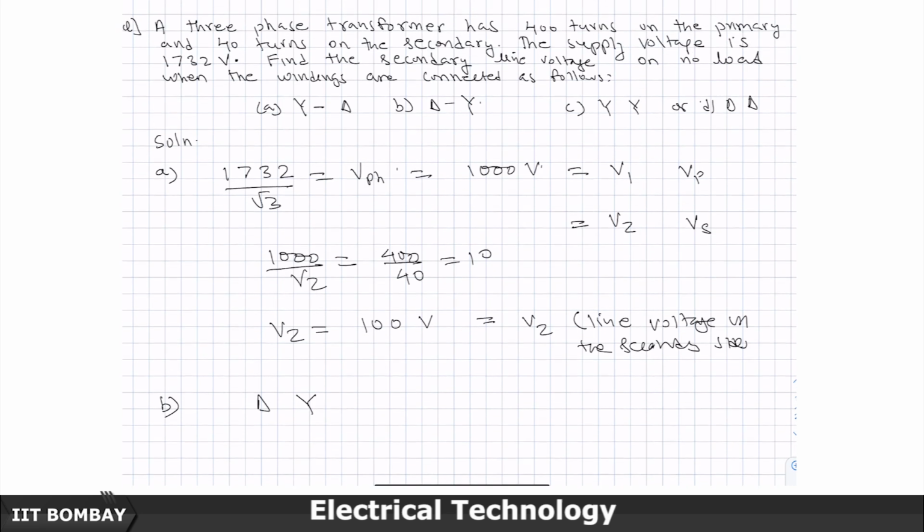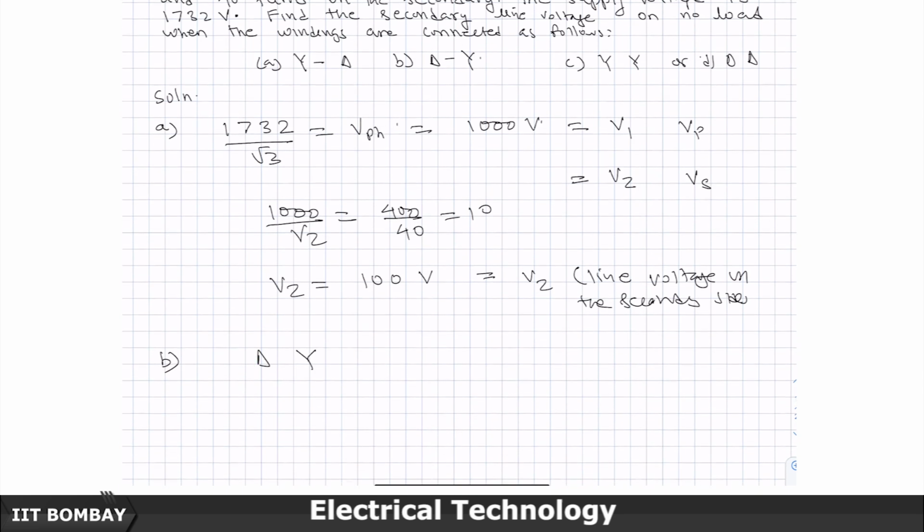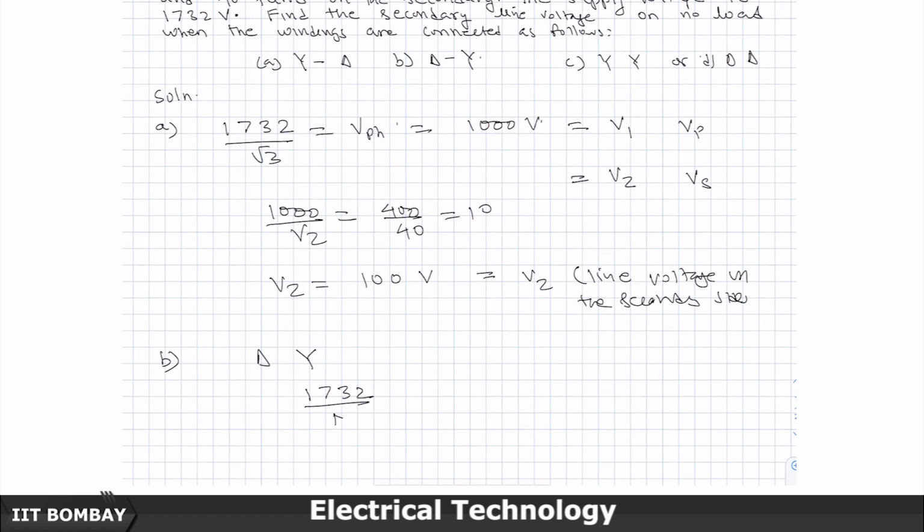Because the primary is in delta, this 1732 is completely applied across the transformer, the N1 turns. So 1732 divided by N1 is the EMF per turn, and remember the EMF per turn on the primary side and the secondary side are going to be one and the same.